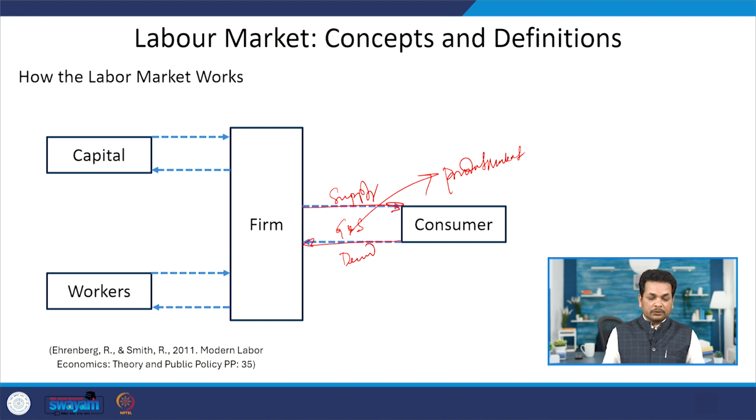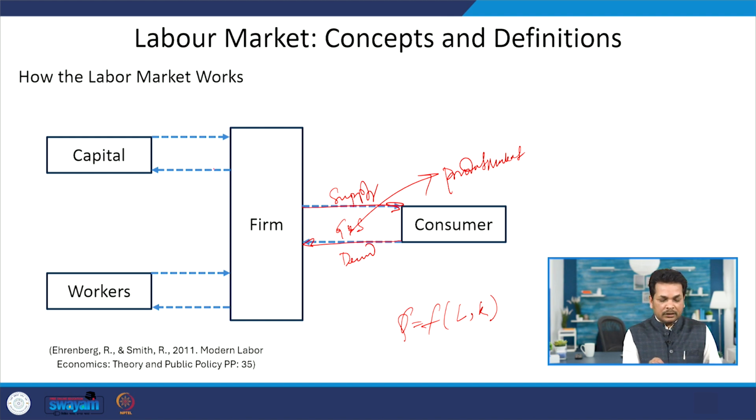Now, to produce these goods and services, let us assume that the farm requires only two factors of production. So, here we are saying output is a function of labor and capital. The farm deals with capital and the farm deals with labor in order to produce that product.